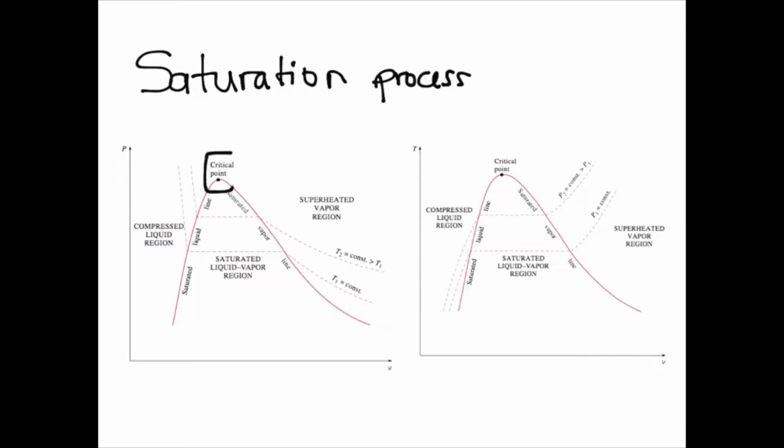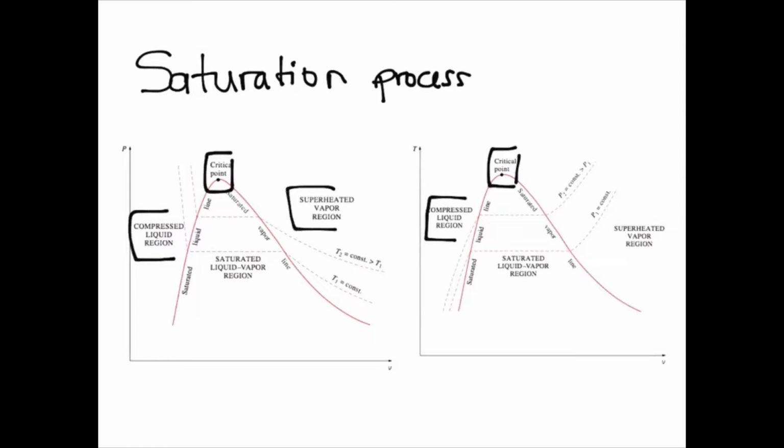The critical point is the point where you can go from compressed liquid to superheated vapor without adding more energy. This region is the compressed liquid region in these diagrams.